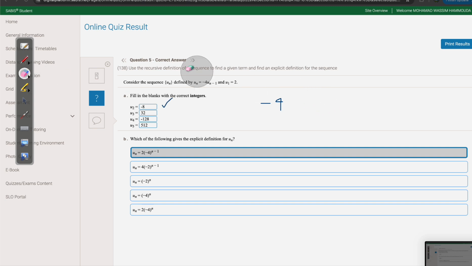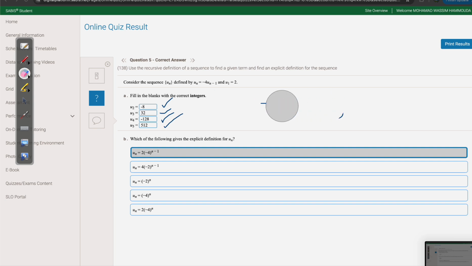And then we're gonna do it again. -4 into -8, 32. -4 into 32, we're gonna get -128. Then -4 into -128 will get us 512.